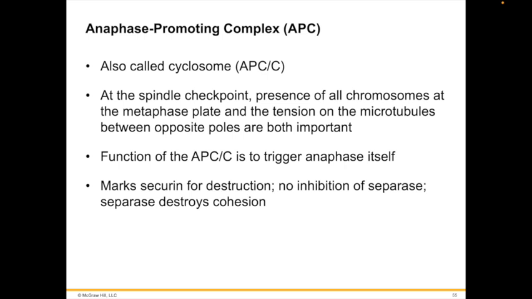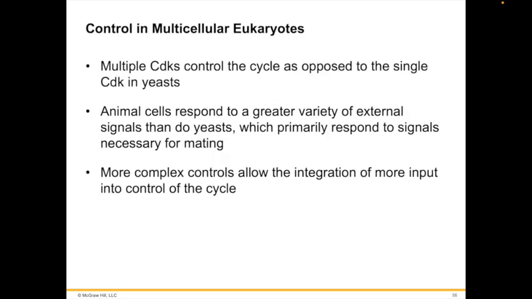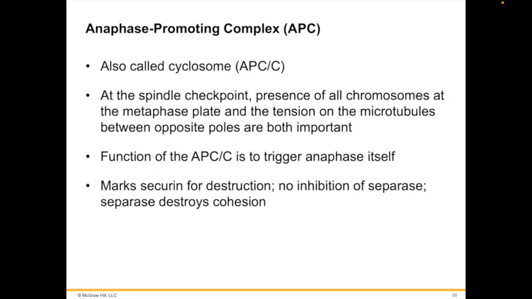The APC has two main roles in mitosis. It activates the protease that removes cohesins holding the sister chromatids together, and it is necessary for the destruction of the mitotic cyclins to drive the cell out of mitosis. The APC/C complex marks proteins for destruction by the proteasome, the organelle responsible for controlled degradation of proteins.